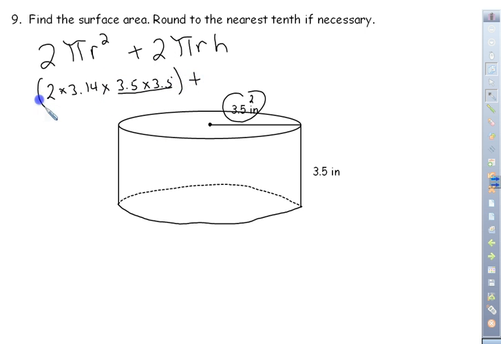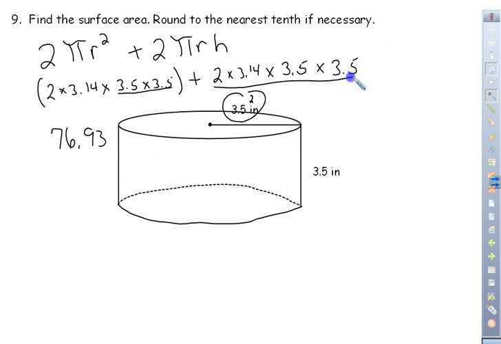Plus 2 times 3.14 times my radius, which is 3.5, times my height, which happens to also be 3 5/10. And then you multiply those all together. So you get 2 times 3.14 times 3.5 times 3.5, and I get 76 93/100.